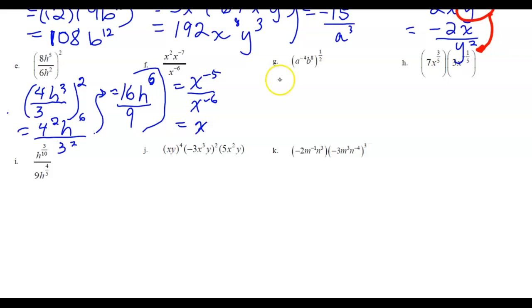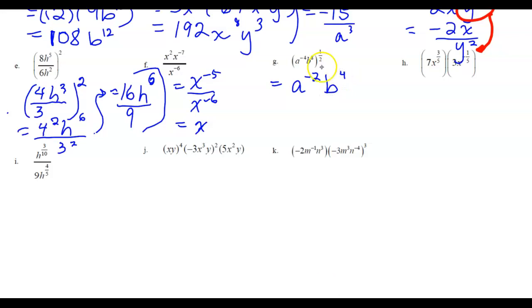So in this case, all that we're doing is raising each factor to the 1/2. So negative 4 times 1/2, right? Power of a power, you multiply. Well, that's negative 2. You're taking half of it. 8 times 1/2 is 4.